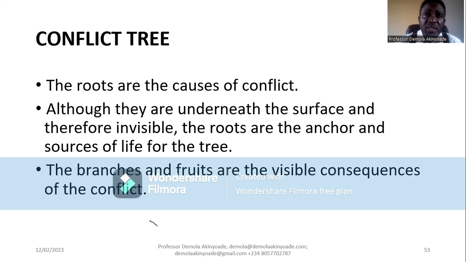Sometimes, if the issues are important or difficult issues, we may need to go beyond cutting the leaves. We may need to dig deep and uproot. However, we may first of all start with cutting the leaves and the branches and the fruit in the short term.